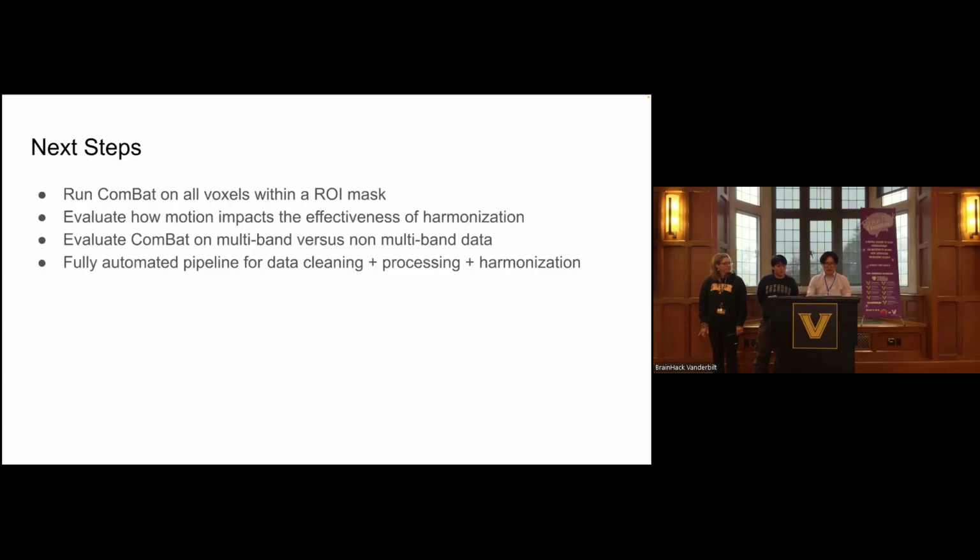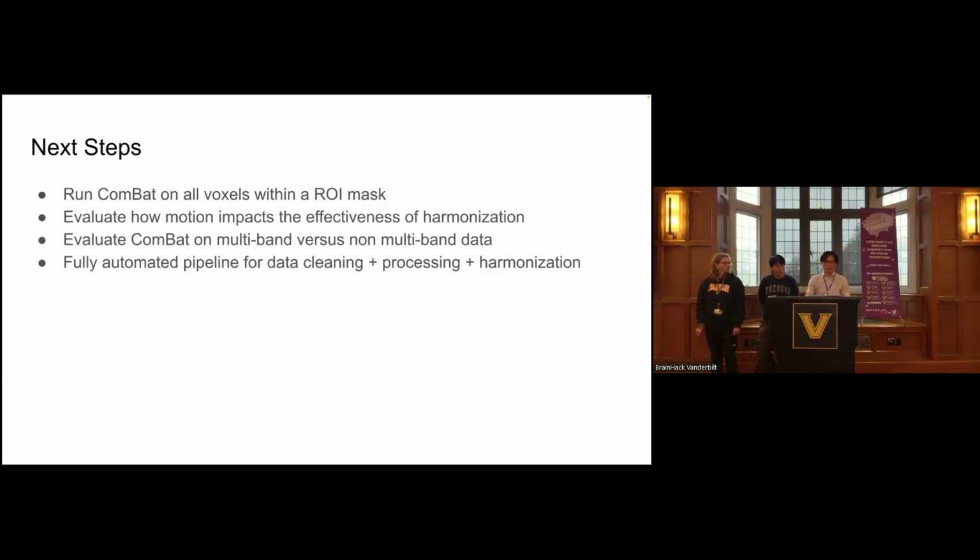Okay. In terms of our next steps, one trouble that we had during the BrainHack was that we had trouble running ComBat when we were interested in looking at all the voxels within the ROI mask, and that was because there were issues with missing values, and that was interfering with how the function runs.